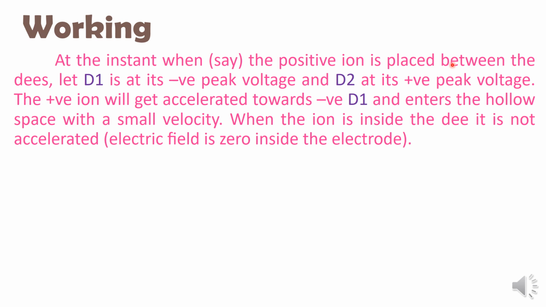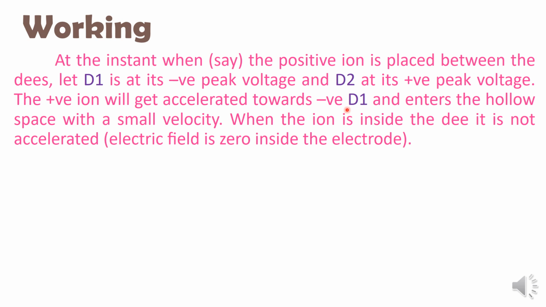When the ion is placed in between the Ds, at that particular instant, let us assume that the electrode D1 is at negative potential, then D2 will be at positive potential. Since we have taken the positive ion to accelerate and D1 is at negative potential, the positive ion will get accelerated towards the electrode D1, and it acquires a velocity.